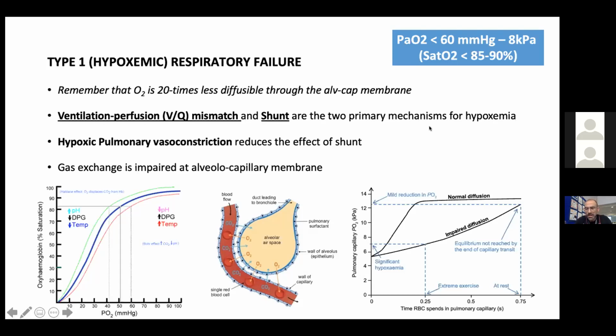There is a compensatory mechanism of the body when we have situations of ventilation perfusion mismatch, which is the hypoxic pulmonary vasoconstriction.